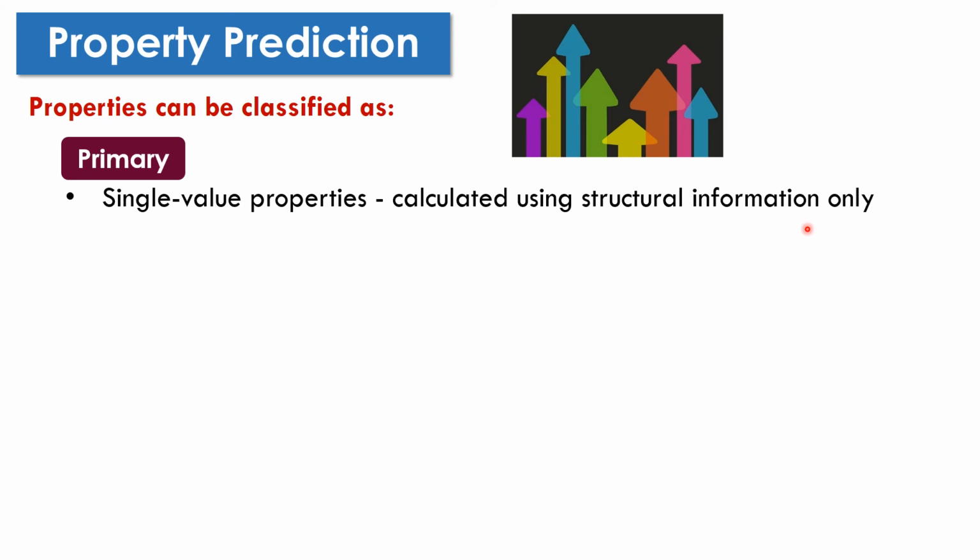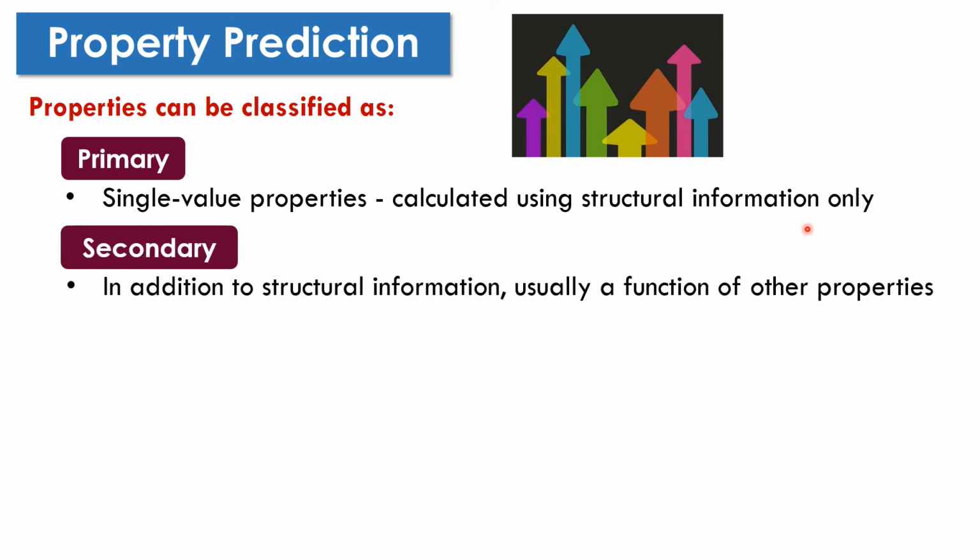For secondary properties, in addition to the structural information of the molecule, it is usually also a function of other properties, normally the primary properties. So in order to calculate secondary properties, first of all, we need to predict the primary properties.